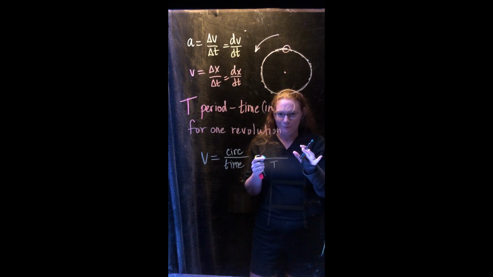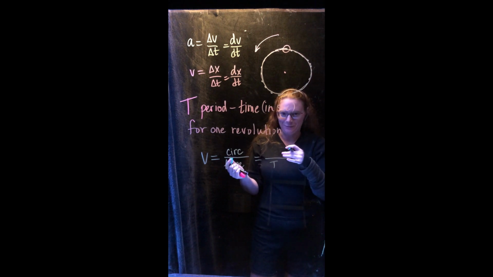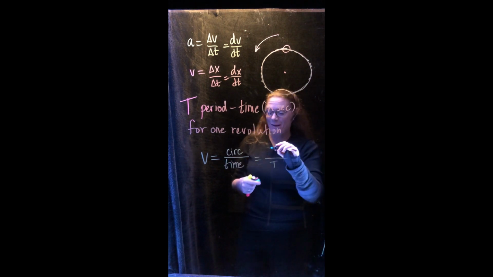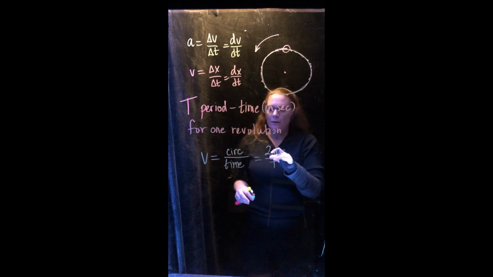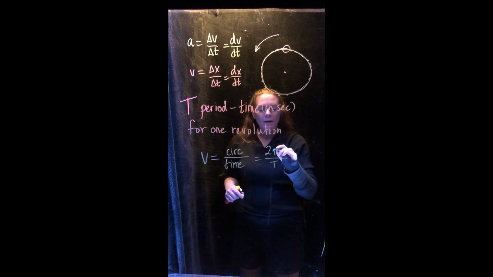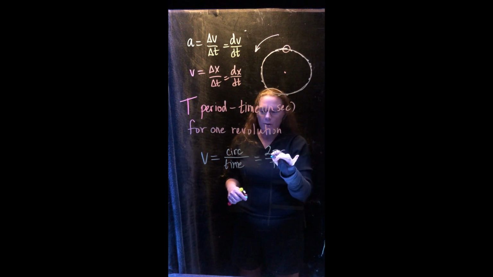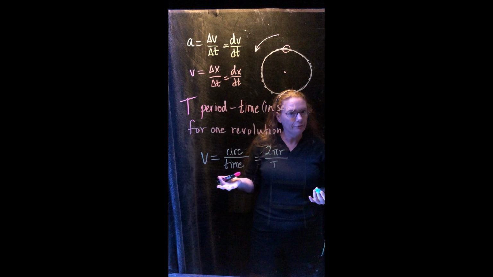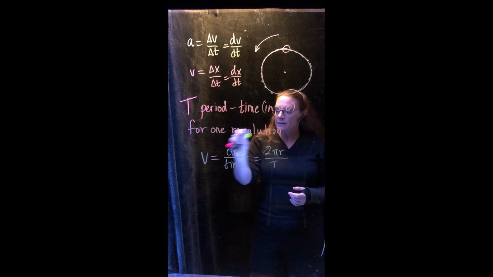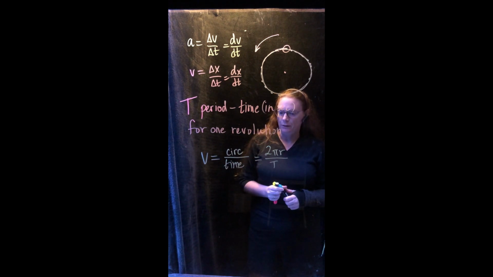That can't be the right one. We must use the other one. So what's the other one? 2 pi r. You remember that? 2 pi r. So the velocity when we're talking about something moving in a circle is 2 pi r, which is the distance traveled, one circumference, over the period, which is the time to go one circumference. And so we've got this definition of velocity that we can use.